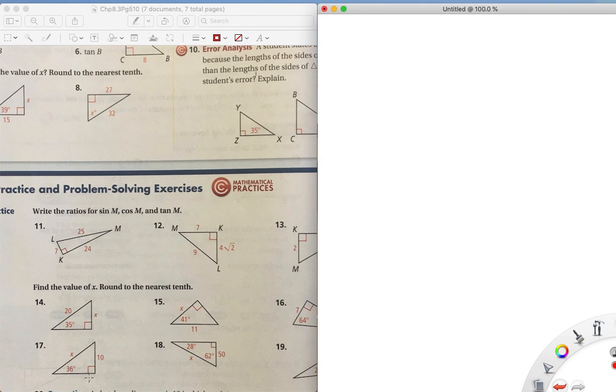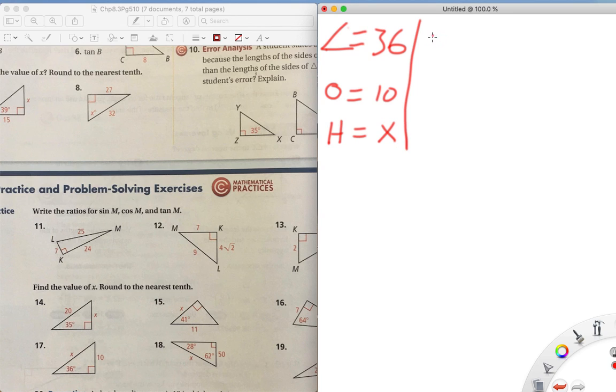Number 17, notice that my angle is 36. 10 seems to be across or opposite of 36, so I would say that 10 is opposite. Notice that the x is across from the 90-degree symbol, so x is my hypotenuse.